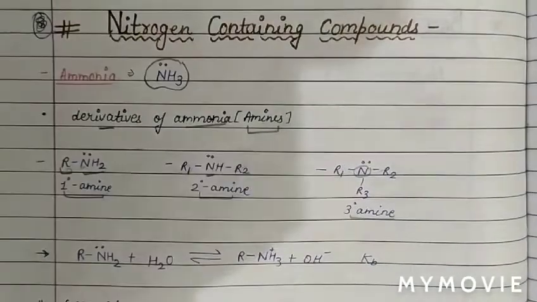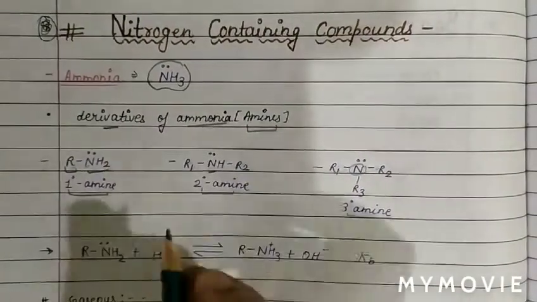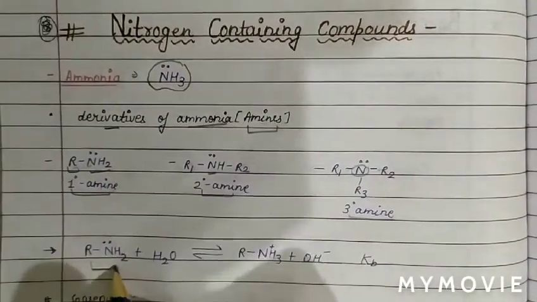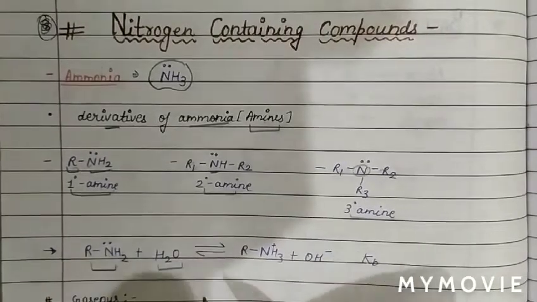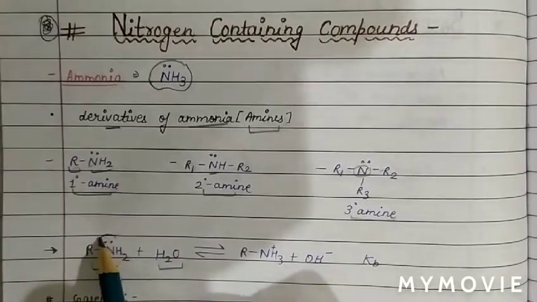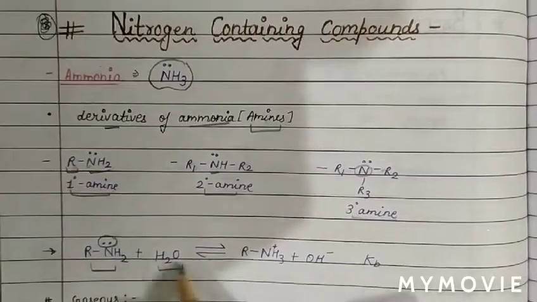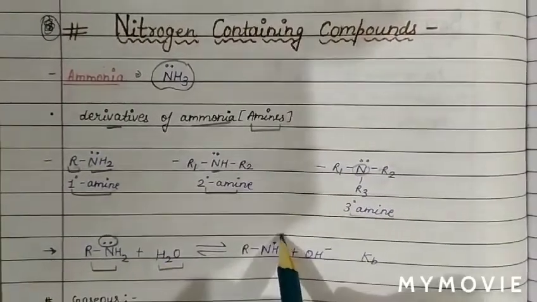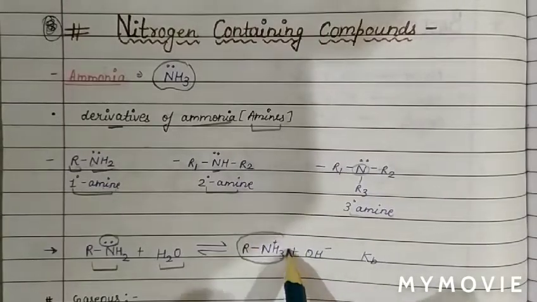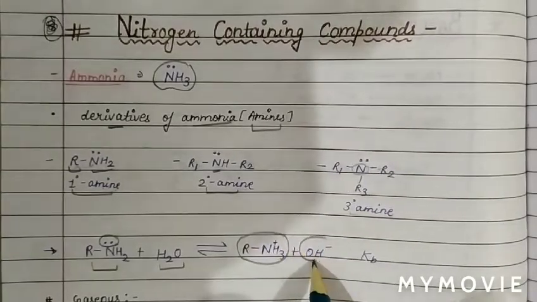Now we will compare the basic nature of amines. When an amine is dissolved in water, due to the extra electron pair, the NH2 group will accept a proton. After accepting a proton, it forms RNH3 plus ion and releases OH minus ion in the solution.